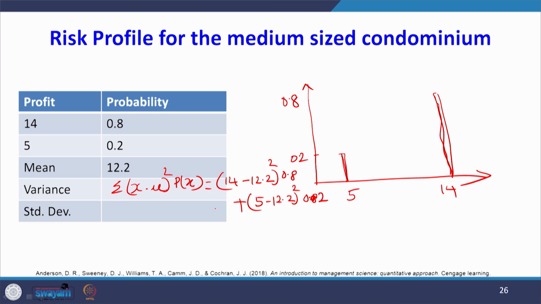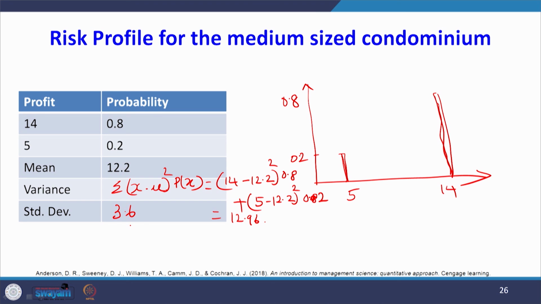So, first we have to find the variance. For the risk profile of the medium sized condominium, when we quantify, we got a variance of 12.96 and a standard deviation of 3.6.